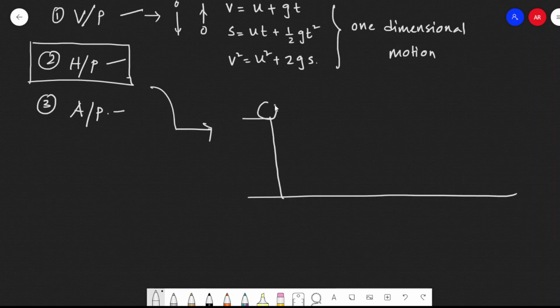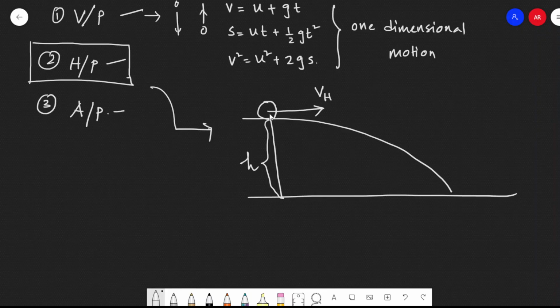Suppose right here the object is, and this object has been projected along this direction. So this is the horizontal velocity with which it has been projected. It is projected some height above the ground; suppose this is h. The object has been projected, and eventually falls back to the ground.